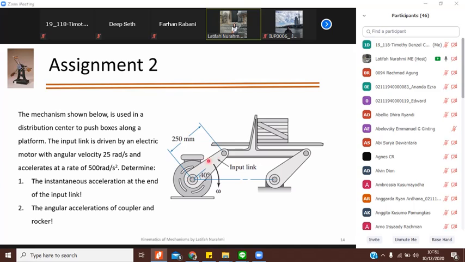If you have the same length of the input and the output, it means any velocity of the input link will be the same as the output link. That's a very easy thing to deduce.